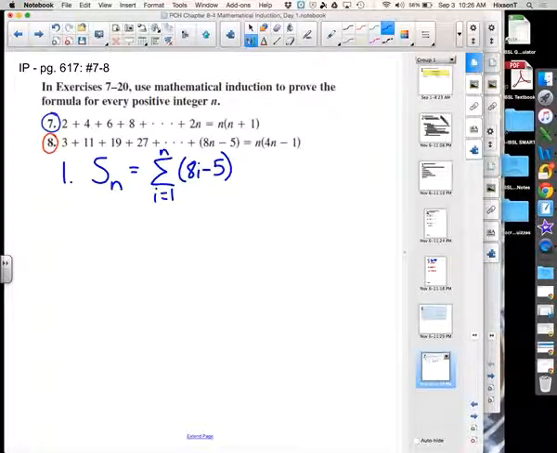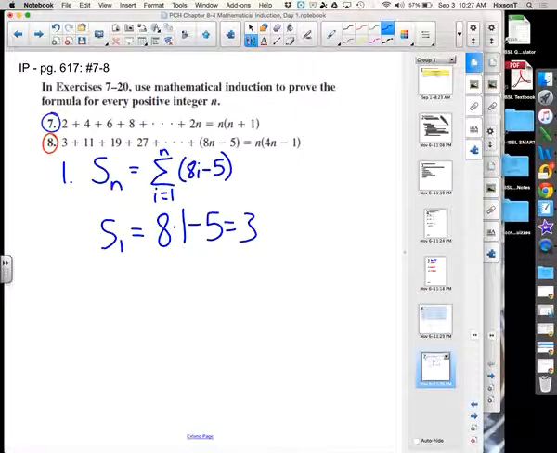That might be helpful just to recognize. If we're trying to do the first partial sum, well, that's just 3. We can take that term right from there. You could also use the formula 8 times 1 minus 5, which equals 3.